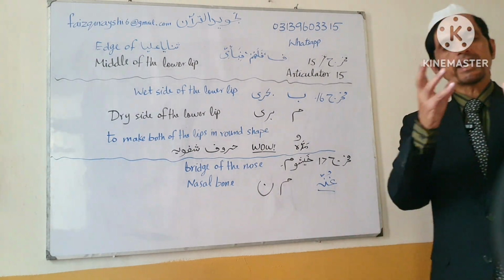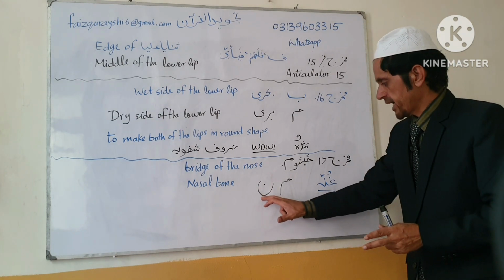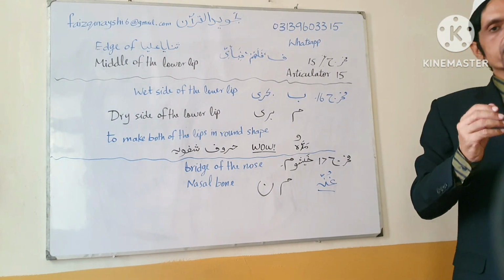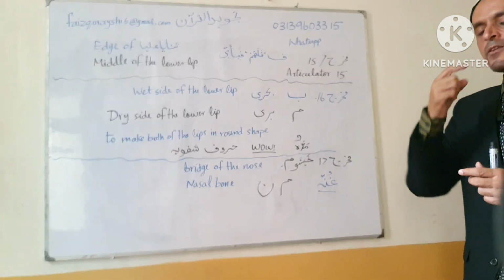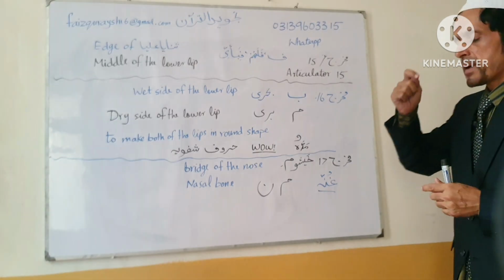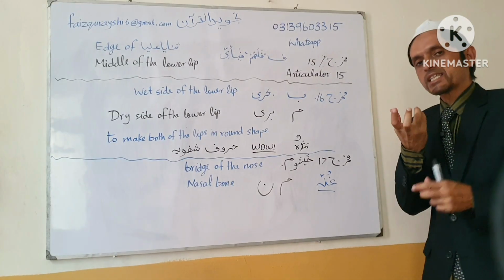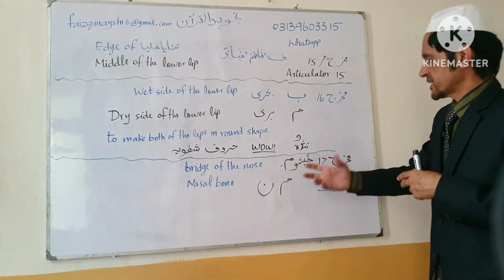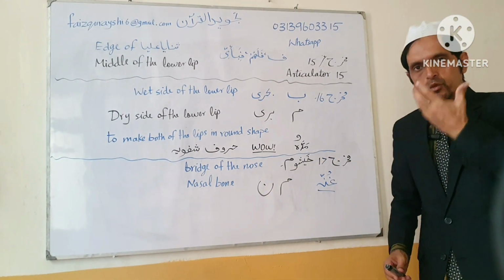And this ghunna is found in the articulation of mim and noon, because when you pronounce or produce mim and noon, the sound must come out of your nose, and it has a great role in the articulation of mim and noon, and you can notice it.